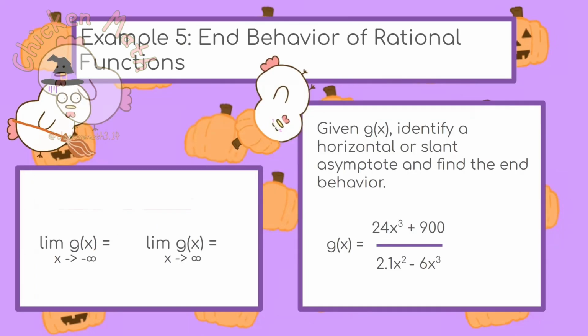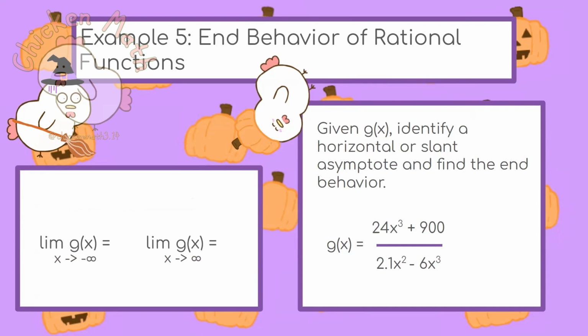All right, so now we're going to go to our fifth example of end behavior of rational functions. So if you want to take a second and pause the video and do it yourself. Okay, so we see g of x, and we see that it has 24x cubed on the top and negative 6x cubed on the bottom. So we can recognize that the degree of the top and the bottom are the same.